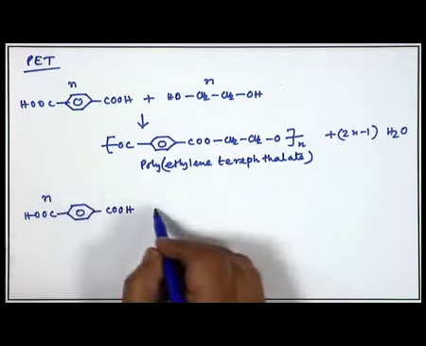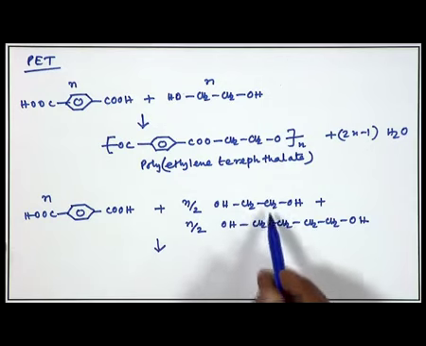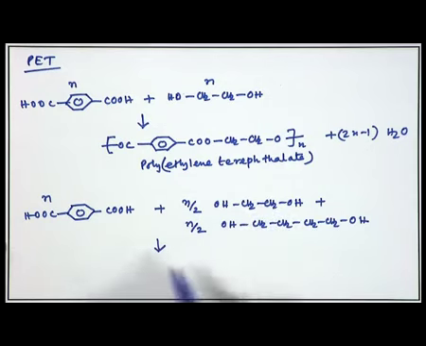So, that is a copolymer, because here we will have one acid, but two diols. Okay. So, we will write say polyethylene co-butylene terephthalate.